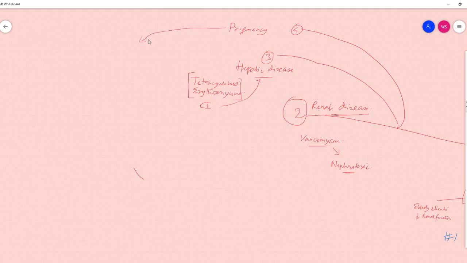If a patient is pregnant, there are some antibiotics which may be teratogenic. What is teratogenicity?